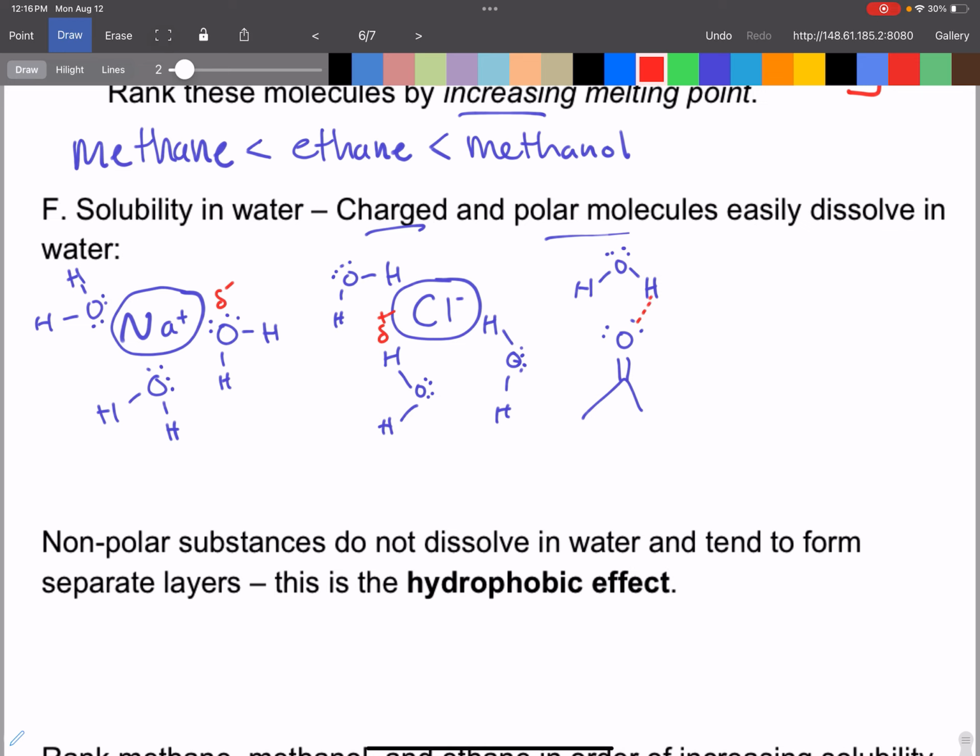It's also polar, so you could have dipole interactions as well, because of the partial charges. So that's acetone, and something like, as we'll see later on, an alcohol, like the methanol we talked about, can interact with water quite readily, as we saw. So I can draw water like this as well.